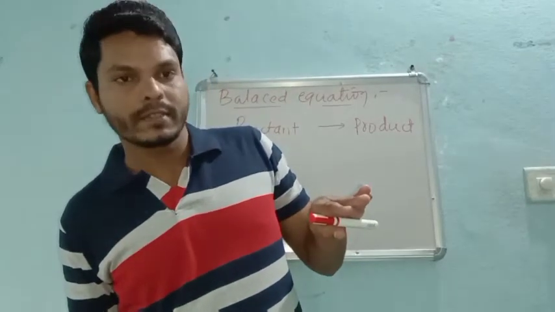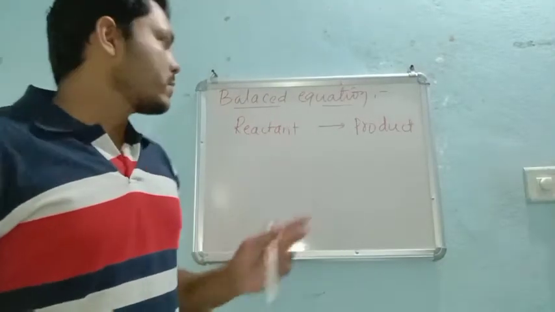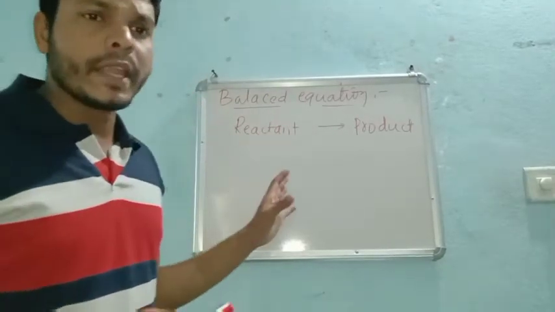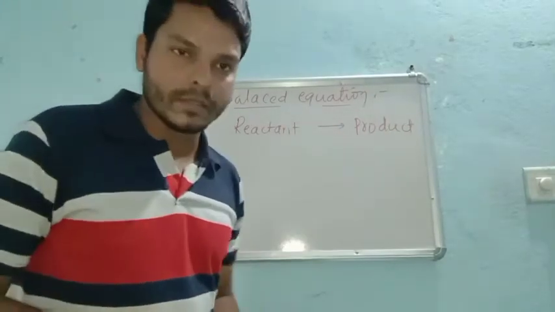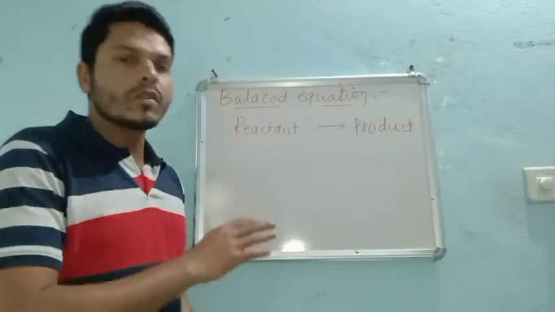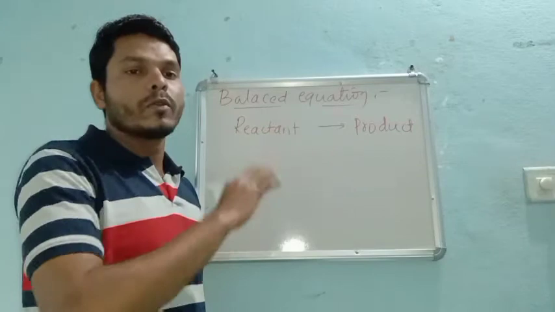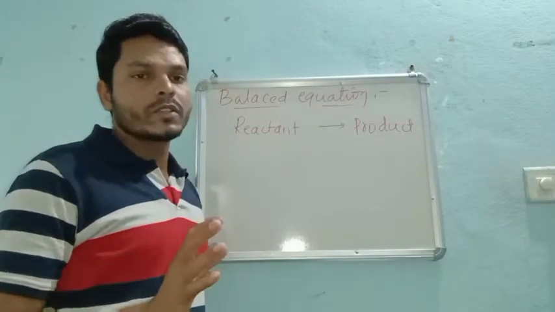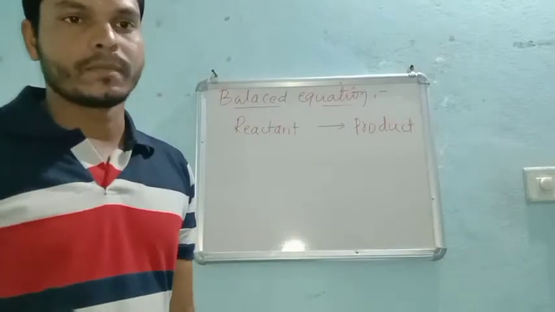Imbalance takes place. Here also it is the same case. That means the number of reactants is equal to the number of products, or the number of moles, you can say. When the number of moles of reactant equals the number of moles of product, then it is called a balanced equation, right?